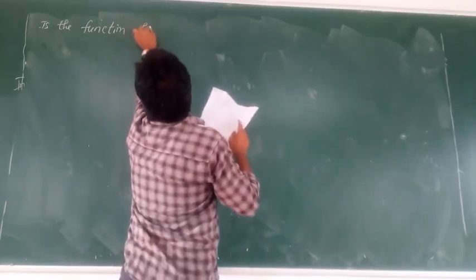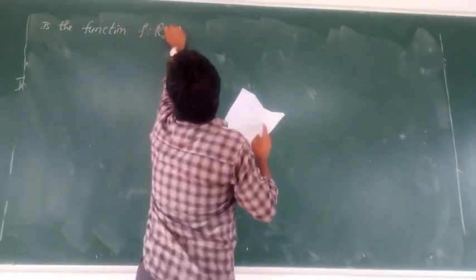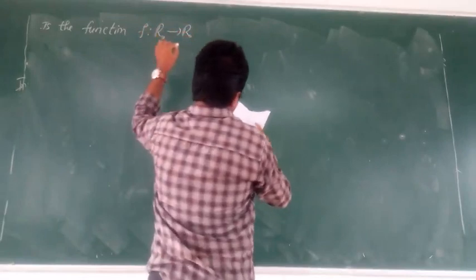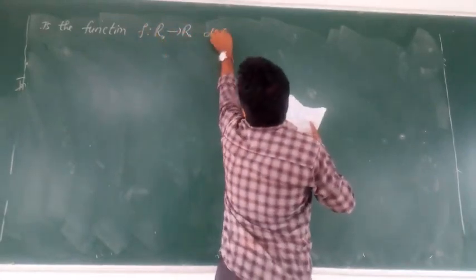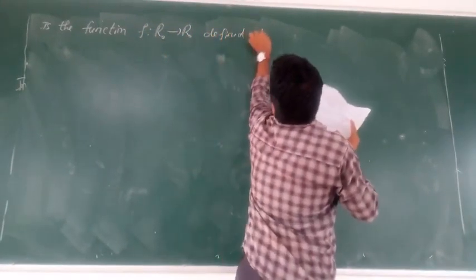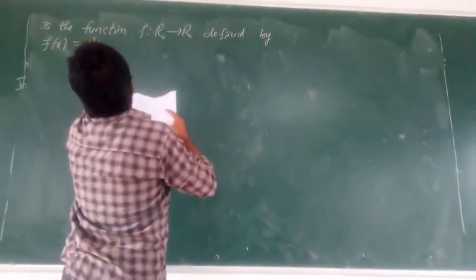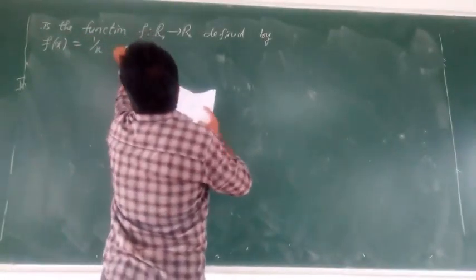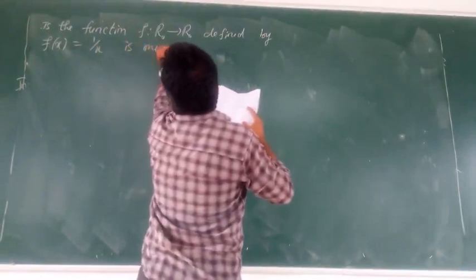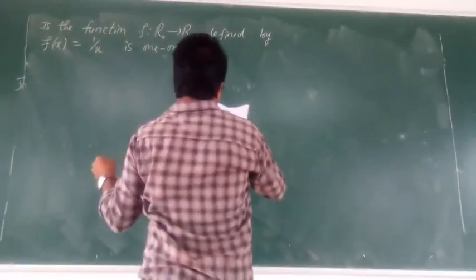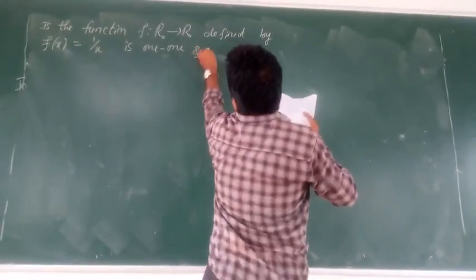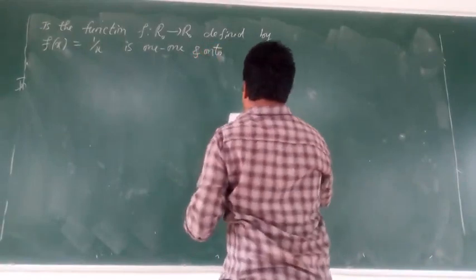f from R0 to R0 defined by f of x is equal to 1 by x, one-one and onto.